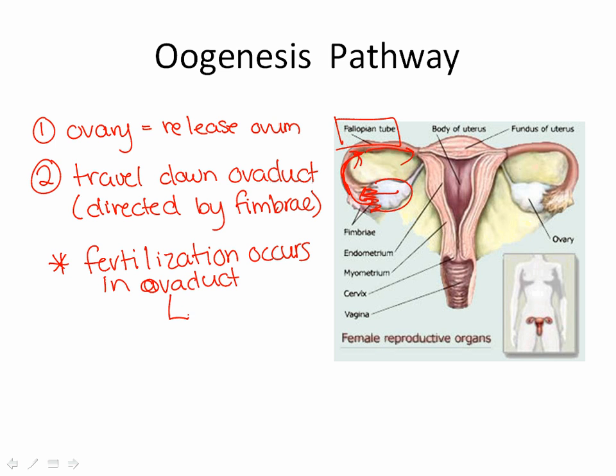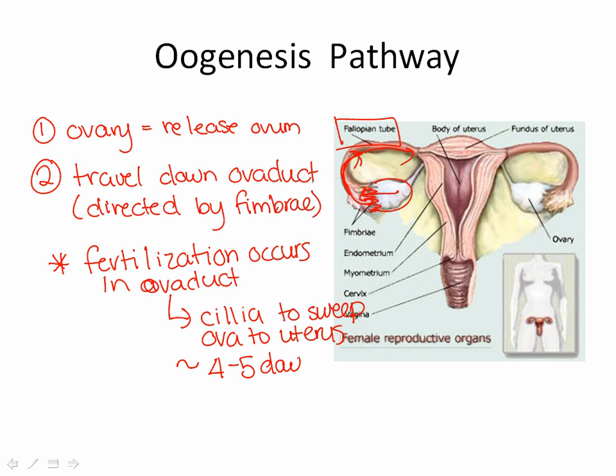The oviduct is also going to contain cilia to sweep the egg or the ovum to the uterus. To sweep ova to uterus. And this usually takes approximately 4 to 5 days for the egg to be released from the ovary and to be entering into the uterus.